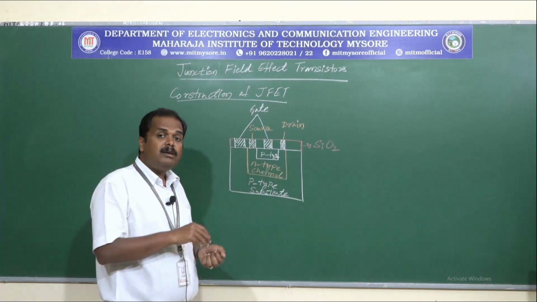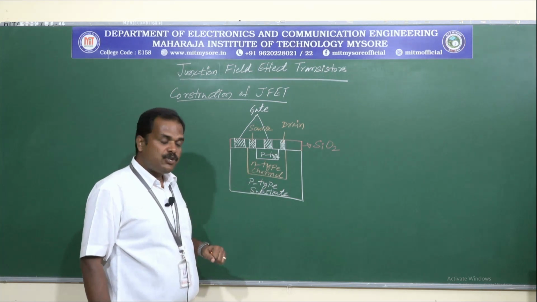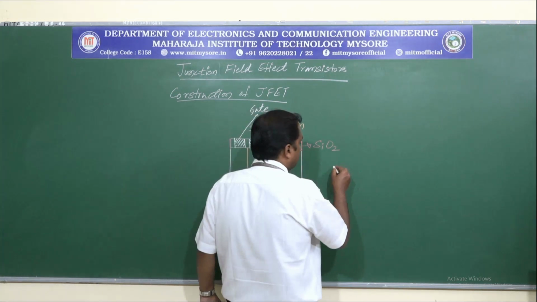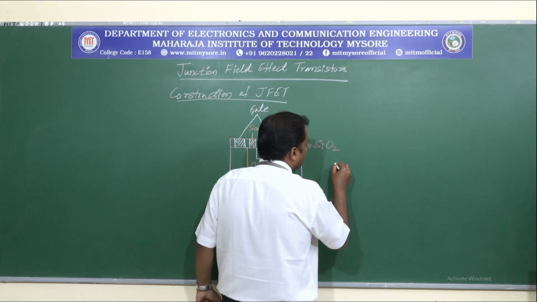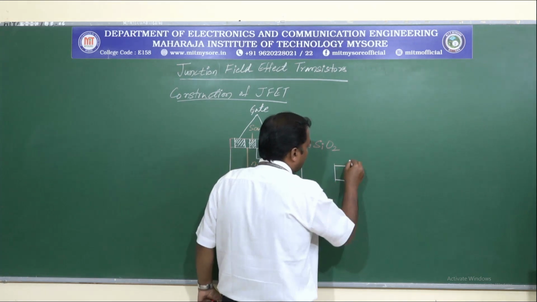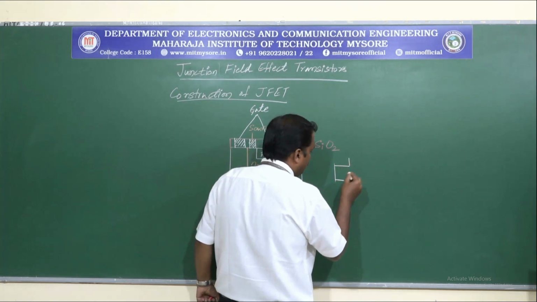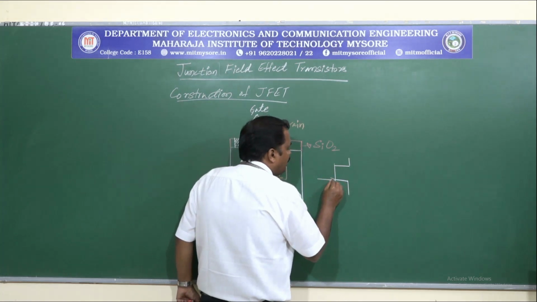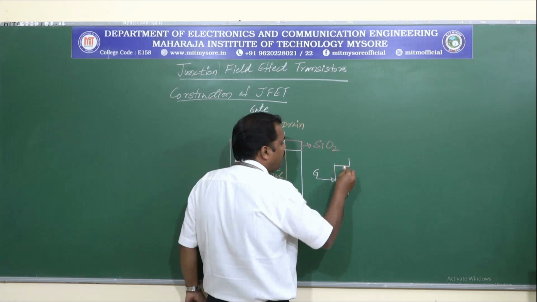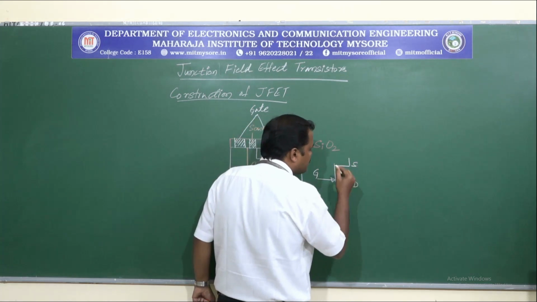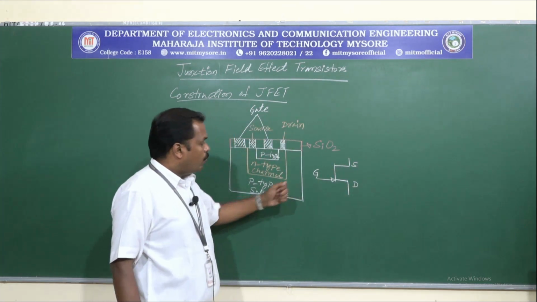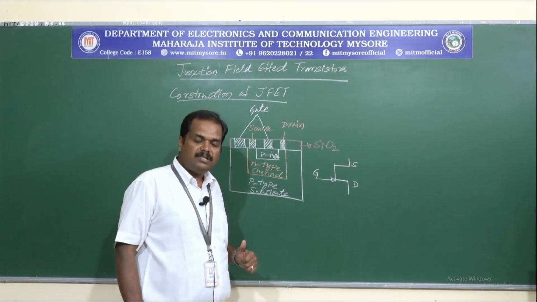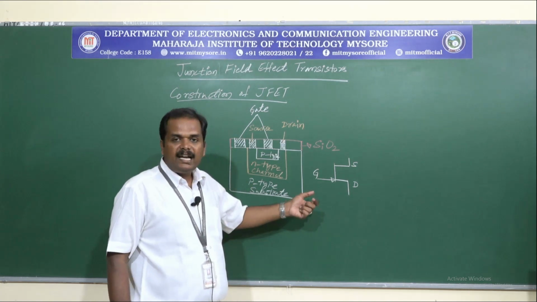Now, the symbol of N-type JFET can be written like this. This terminal indicates gate, this is source and this is drain. This is one of the ways we write the symbol of N-type JFET.